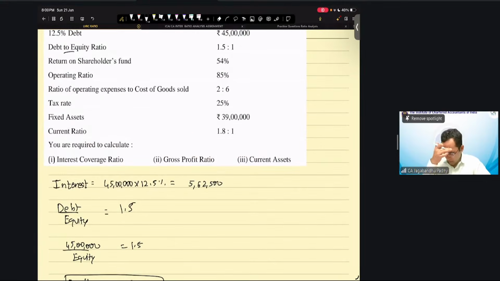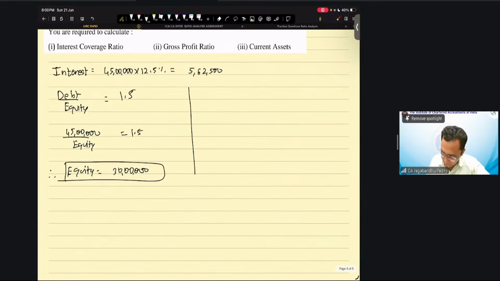Then we say return on shareholders fund is 54%. So PAT will be 30 lakh into 54%.